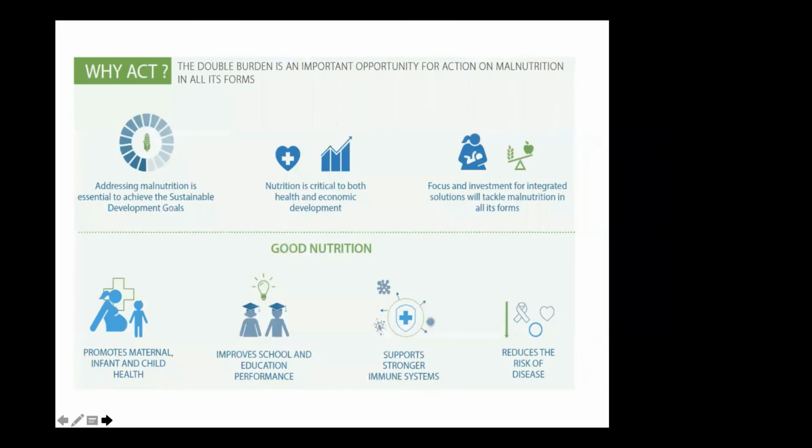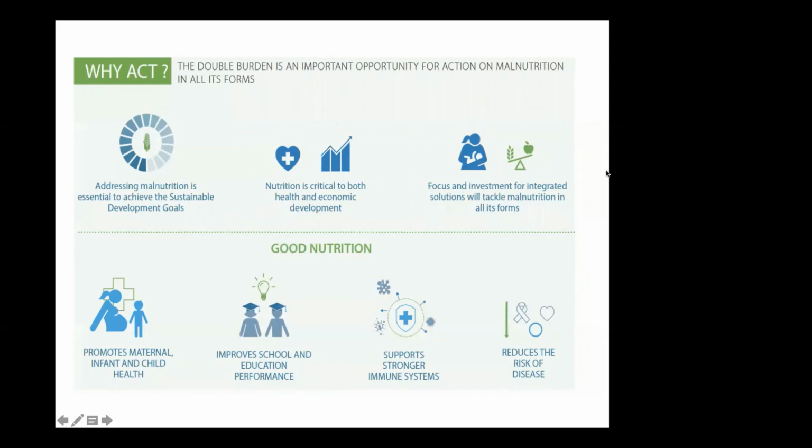So why do we need to act? We talked a lot about the causes and what the problem is. So let's talk about why we need to act on the double burden. First, have you heard of the Sustainable Development Goals? Anyone? Yes, Indu, we discussed it a few times in our lectures.